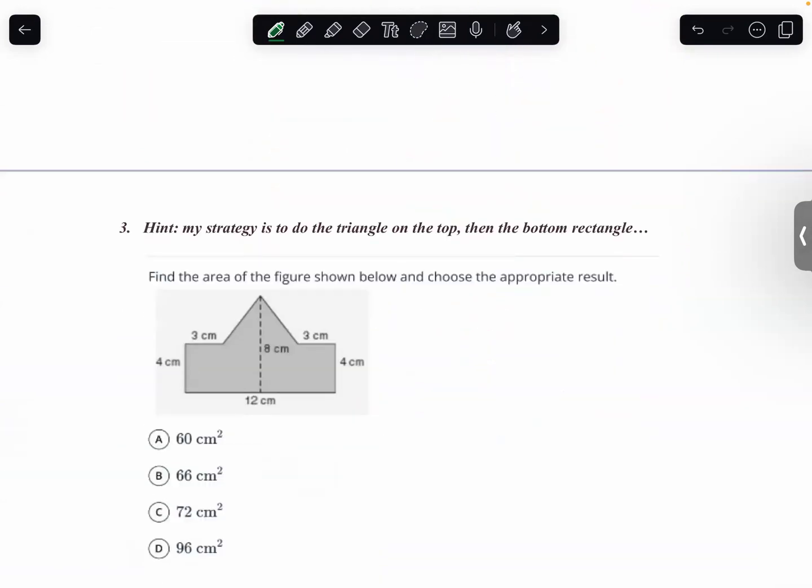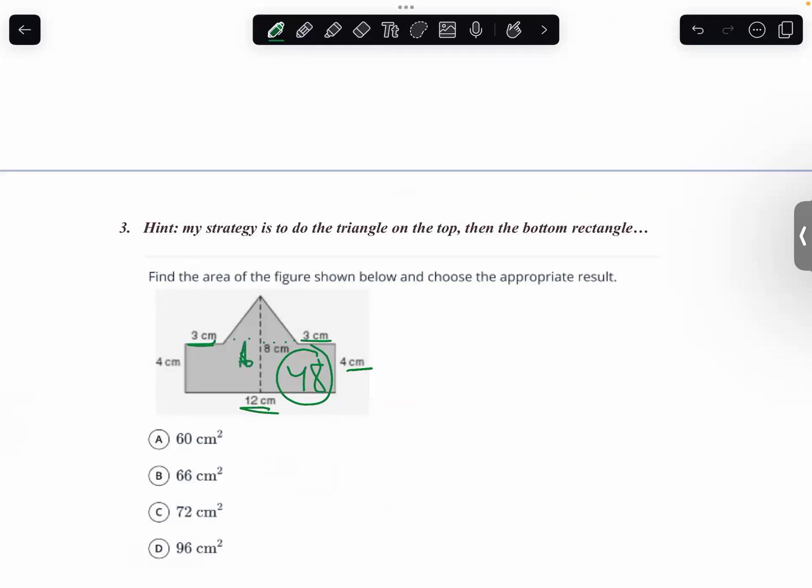So this next one here, I would recommend you do it like this. Imagine this bottom rectangle here as 12 times 4, which is 48. Now, here's the only tricky part about this problem. We have 3 here and 3 here, and this whole thing is 12, then the part in the middle would have to be 6. Why?